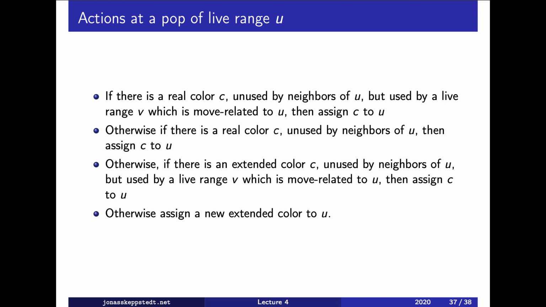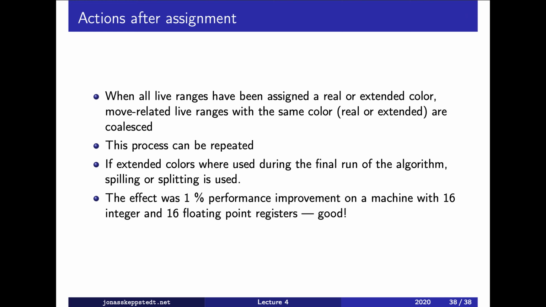Okay, so what can we do with this? After we have done all the assignment of colors, that means real and extended colors, to the live ranges, and we have done the coalescing, then we can repeat this.